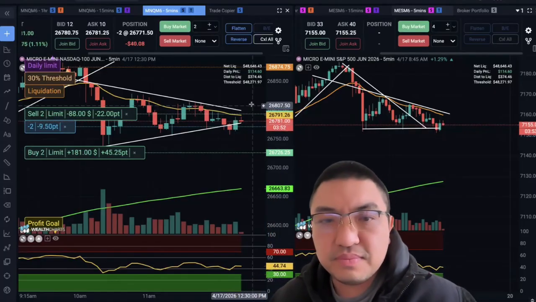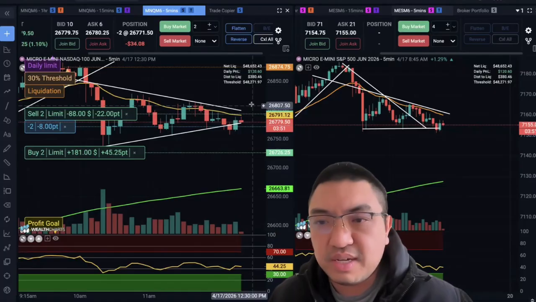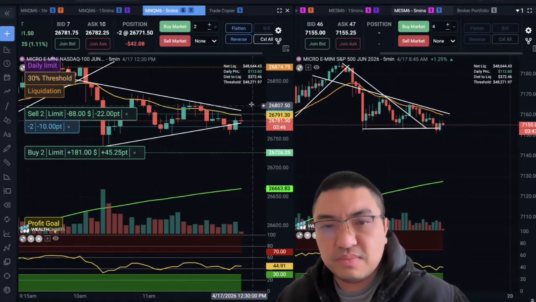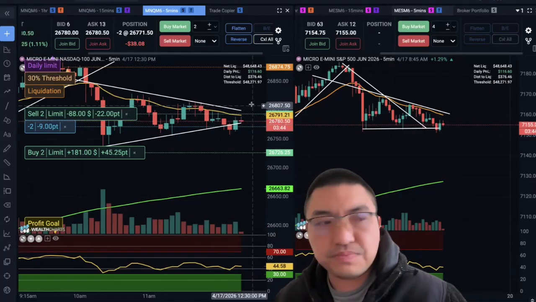Okay. Now it's just a retest. Seller has now zero control.